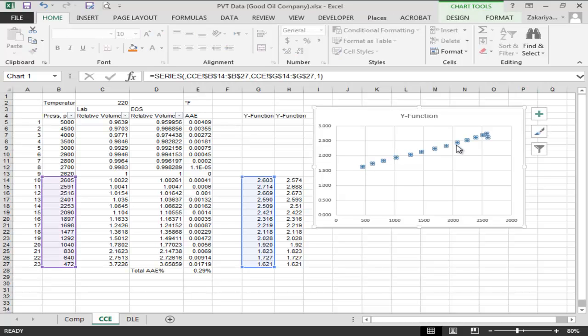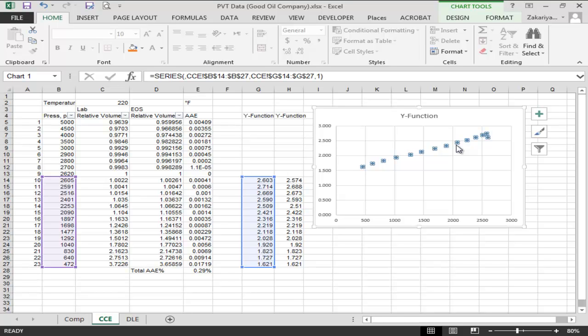So the points appear to be on a straight line. It means that, okay, your points are measured correctly. However, we usually use a best fit straight line to draw a straight line and see.